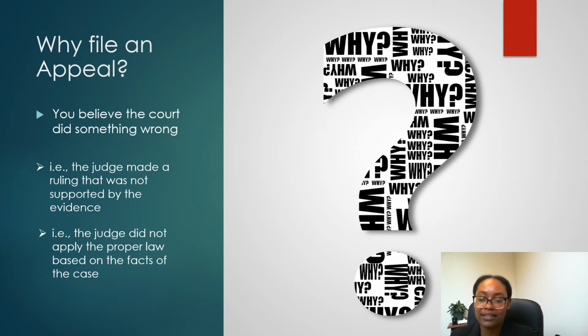It could be that they stated a law that was not applicable in your case, or maybe you made an argument and cited a certain statute to support your argument, and that was disregarded. Whatever your reason may be for filing an appeal, these are just two examples.